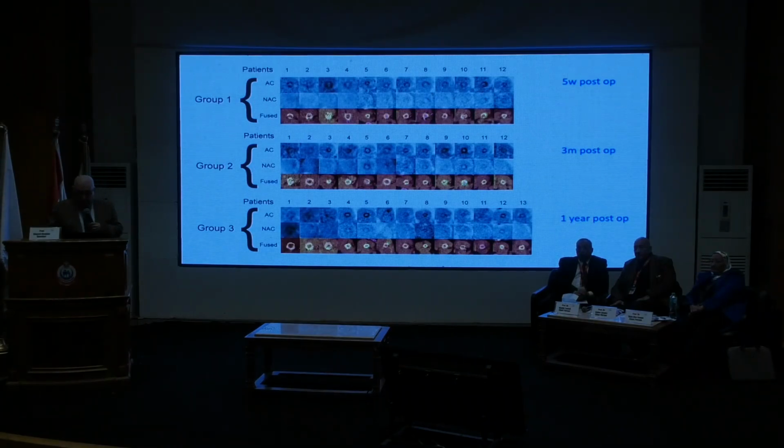The first two lines are 5 weeks after operation, then 3 months after operation, and then 1 year after operation. We can see that even after 1 year, we can still have diffuse uptake around the prosthetic valve. This is very important, and then we will see how to differentiate between normal uptake and abnormal uptake.